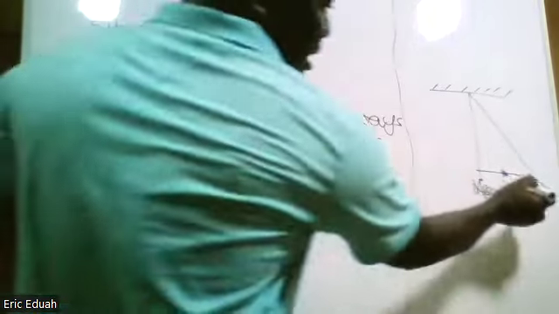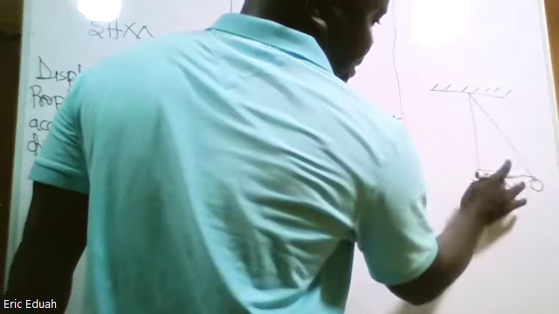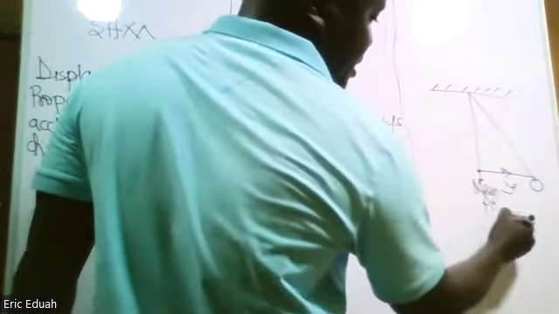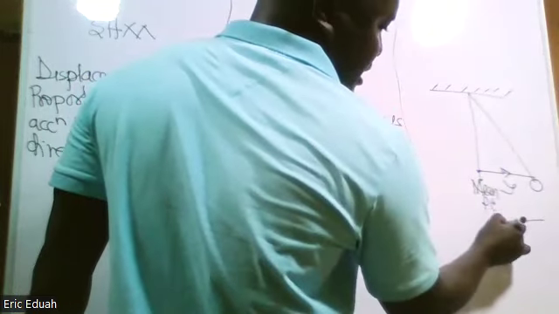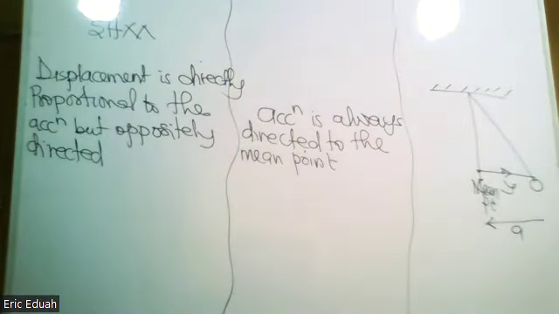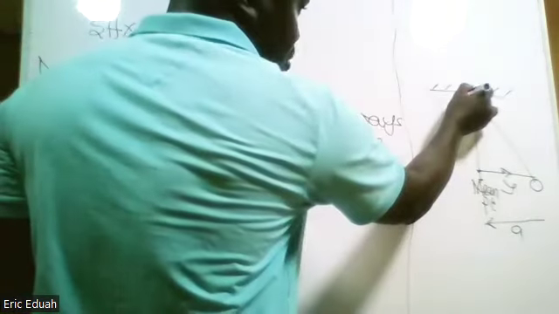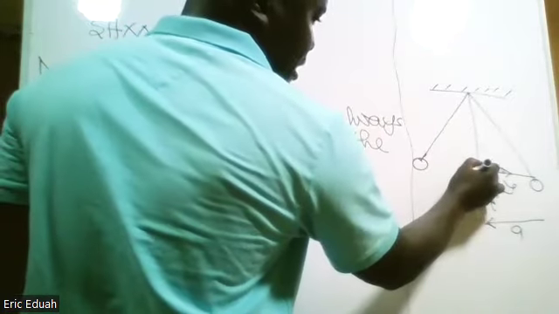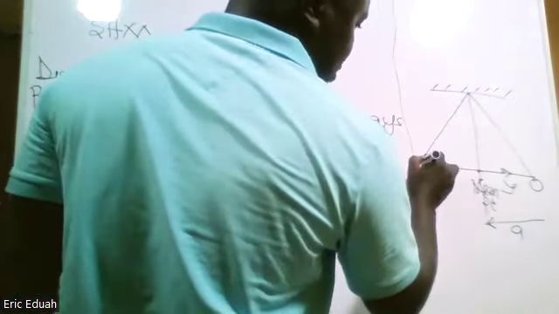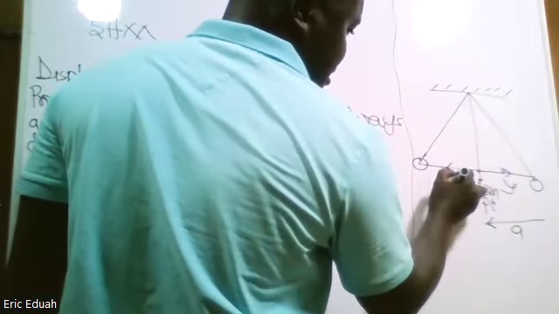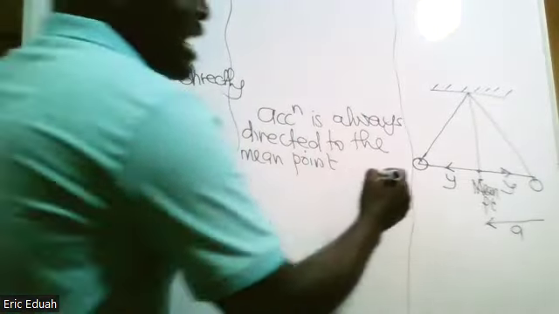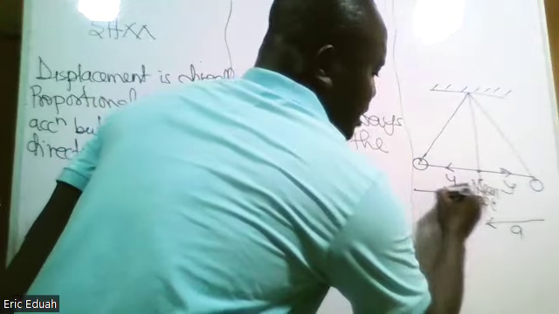But the acceleration is always opposite to the displacement. So while this is displaced at a distance y from the mean point, the acceleration will act in the opposite direction. Or when the body is displaced to come to this point, this distance is what we are calling the displacement. But this is such that the acceleration is always opposite to the displacement.